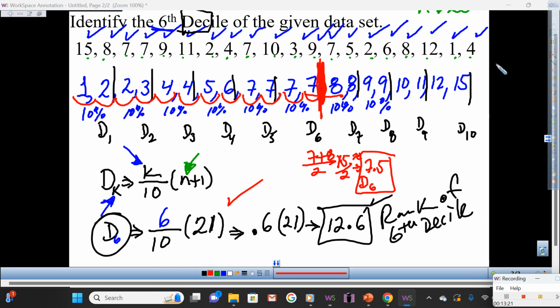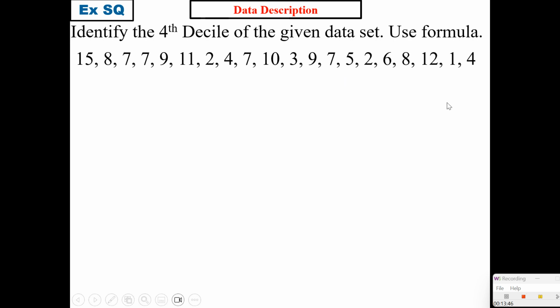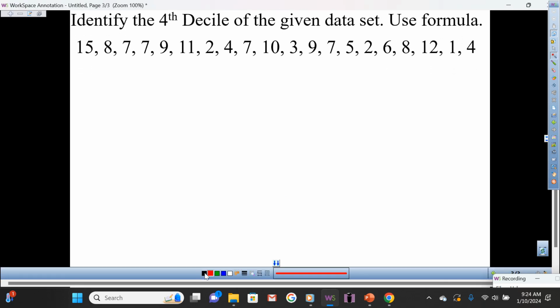All right. So for the sake of practice, look at this next example. It says identify the 4th decile given the data set, but in this case, I just want you to use the formula. But still, you are given the set of data. Therefore, what is the first thing we do with that? Set it in order. So let's do that again. Can you read me that order, please, since it's the same data, for the sake of time? Go, Charlotte.